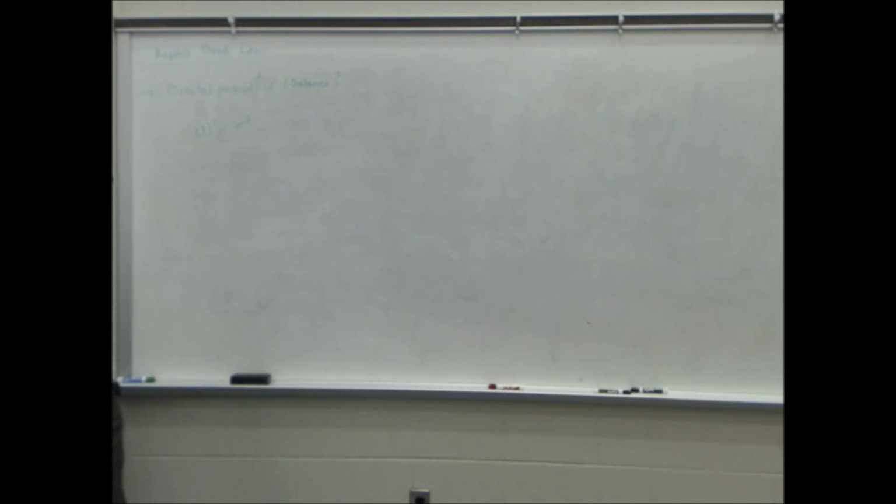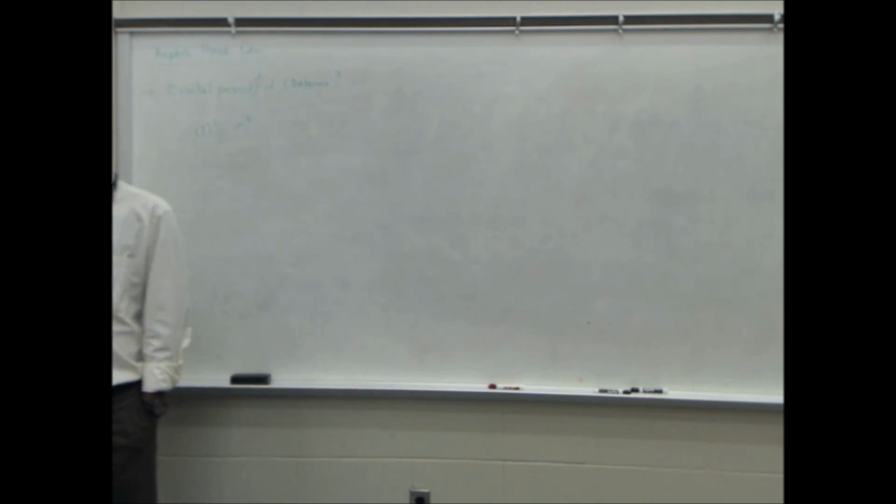So what does this tell you about the orbital period? Does it mean anything? It means that if you know the distance R, you can figure out the orbital period, how long it's going to take.